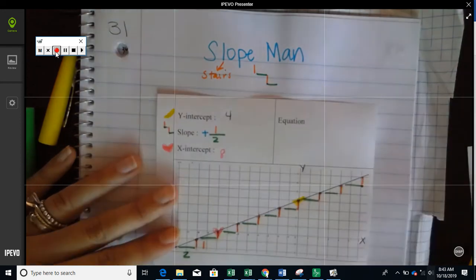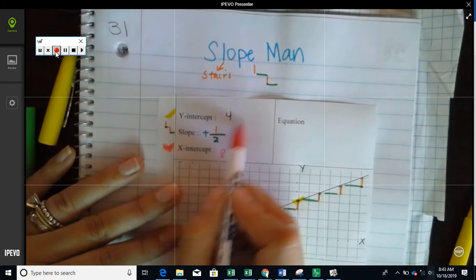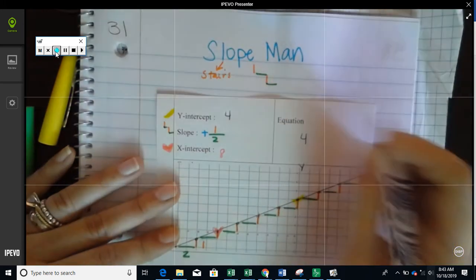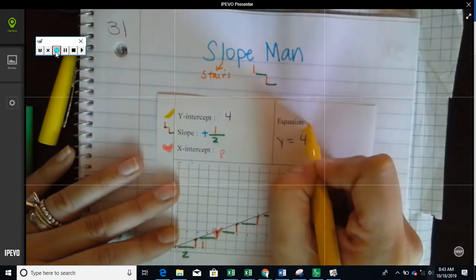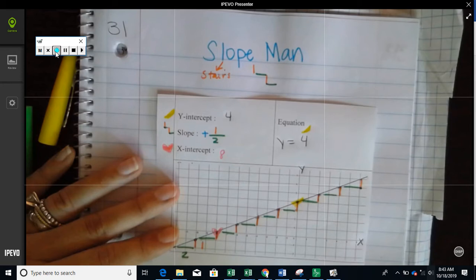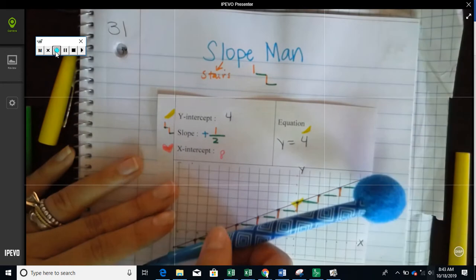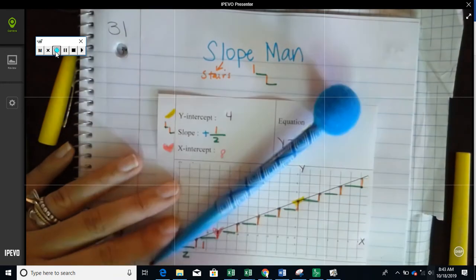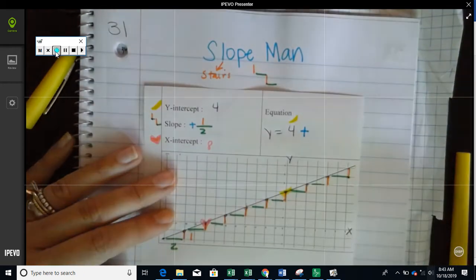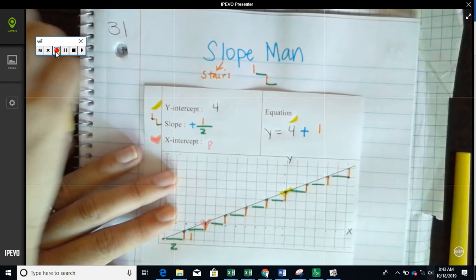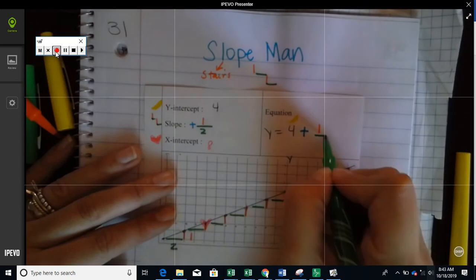So then your equation would be the y-intercept, your banana, the 4. You could say y equals the banana first. You could put it second, it wouldn't make it wrong. Because this one looks like the positive eyebrow, this one's the positive slope, you're going to put plus, and you're rising 1 over 3.